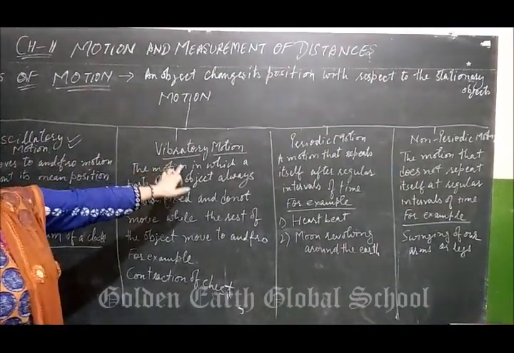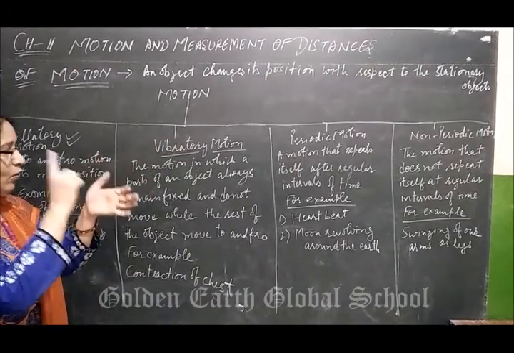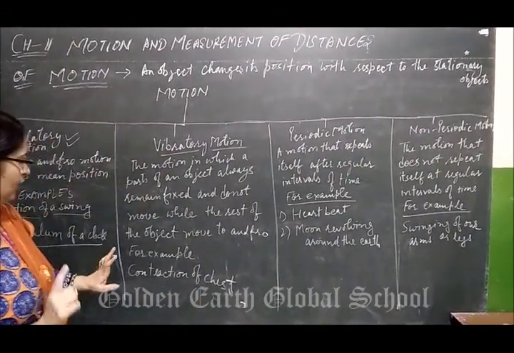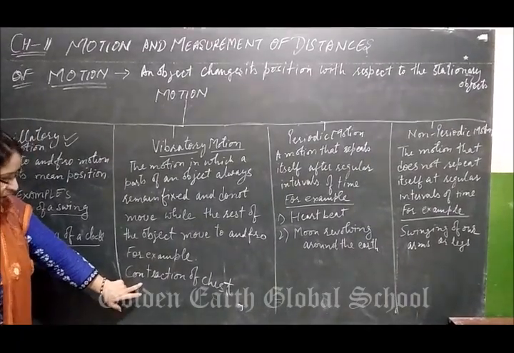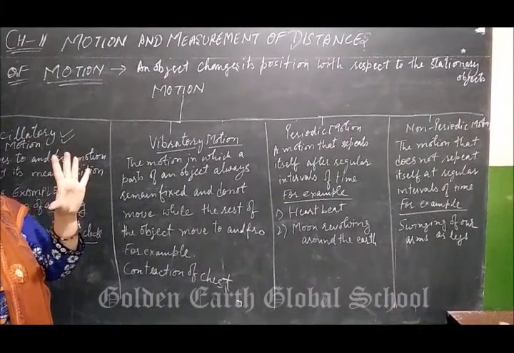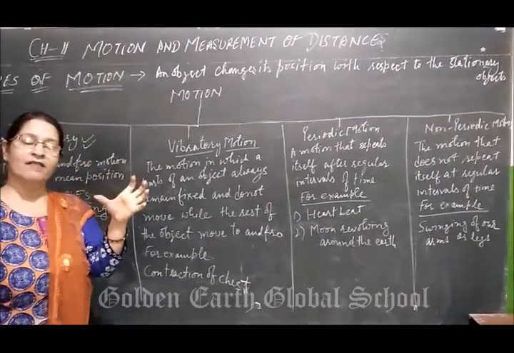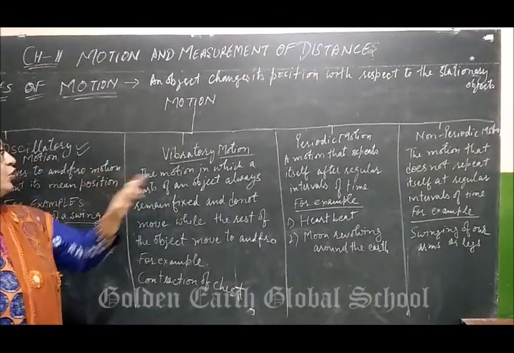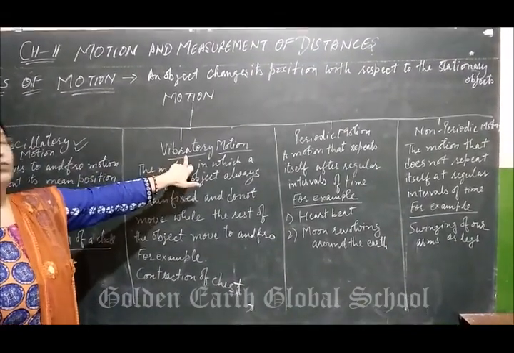It will show vibratory motion. Only the wire vibrates, but the guitar is at a fixed position. Example is also the contraction of our chest. Heart muscle contracts and relaxes. With this, there will be the contraction of the chest, which will show a vibratory motion.